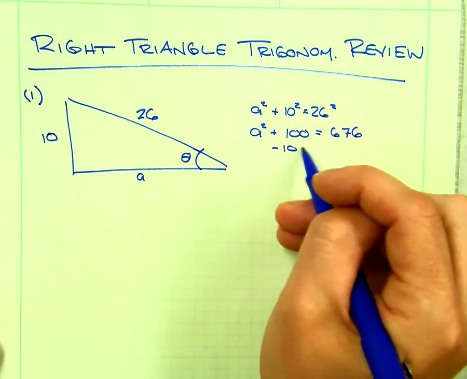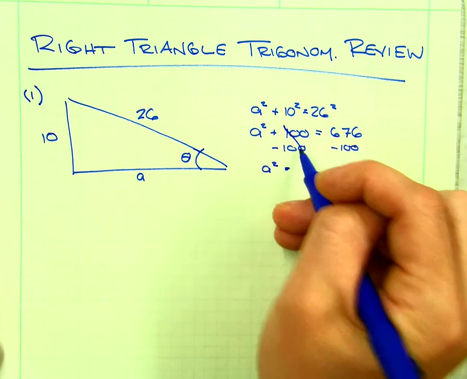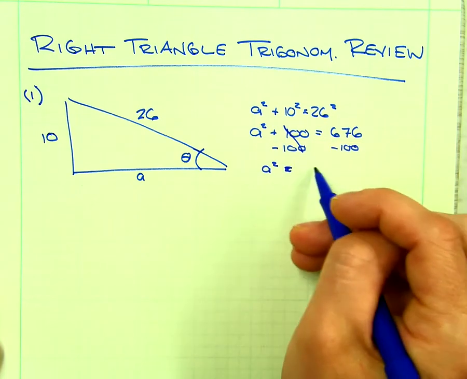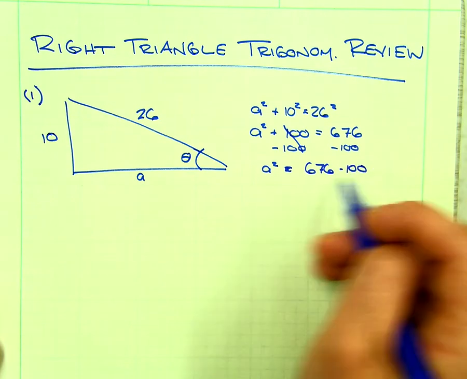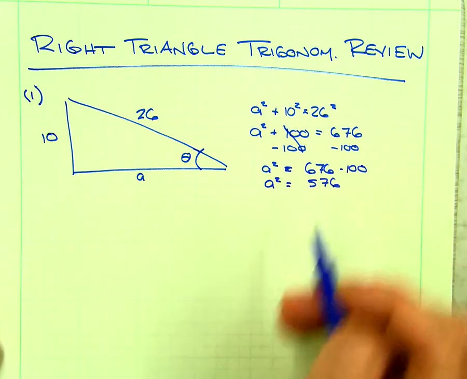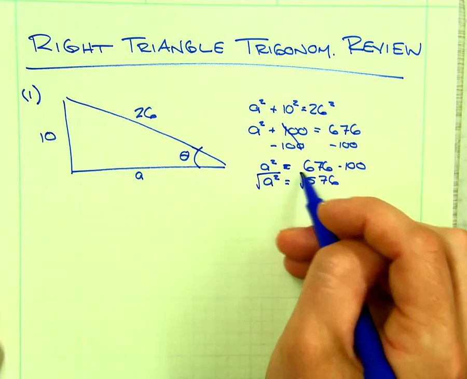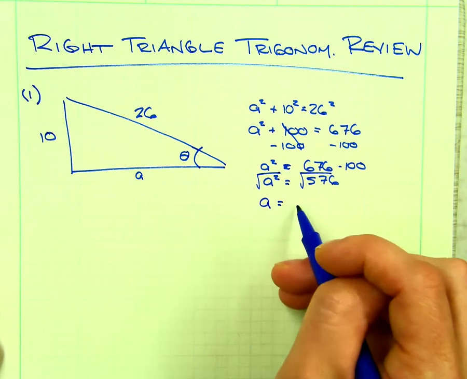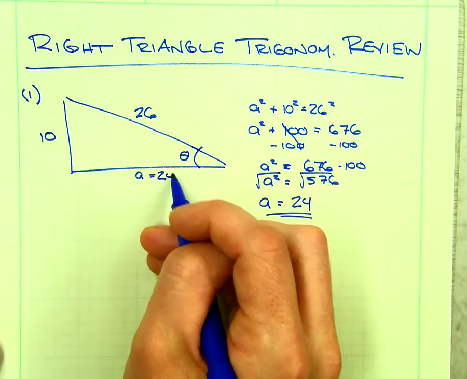Then I just subtract 100 from both sides, and I see that a squared is going to be equal to 676 minus 100, which is 576. A squared is going to be equal to 576. Now, if I square root both sides of this, I'll find that a is going to be equal to 24. Awesome. So a is equal to 24.